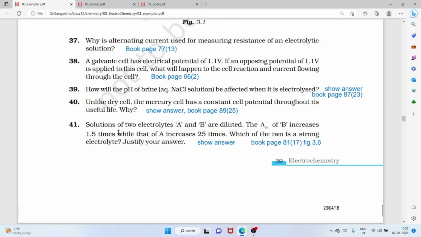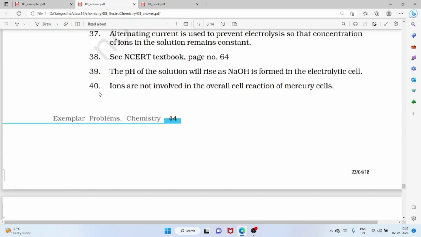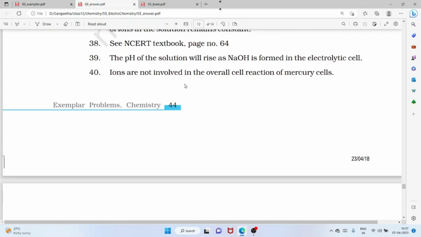Unlike the dry cell, the mercury cell has a constant cell potential throughout its useful life. Why? Ions are not involved in the overall cell reaction of the mercury cell.